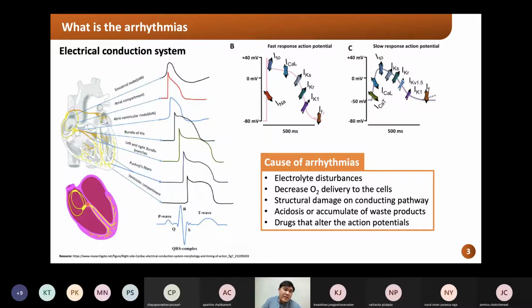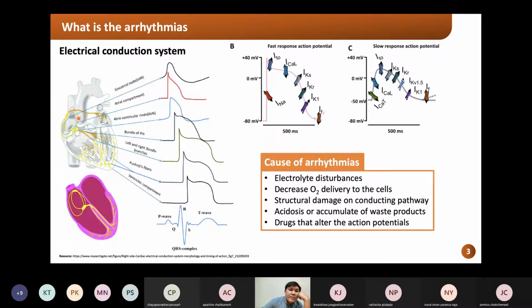After that, the electricity conducts through the bundle of His and branches, splitting out to the left and right bundle branches, and then comes to the Purkinje fibers and myocardial cells.